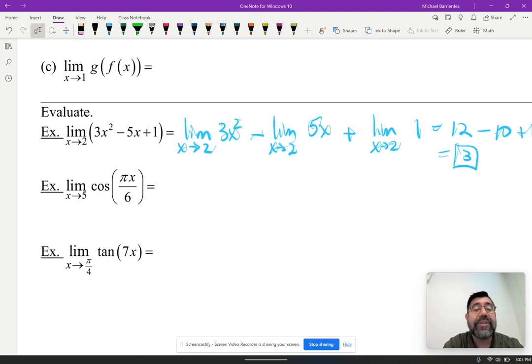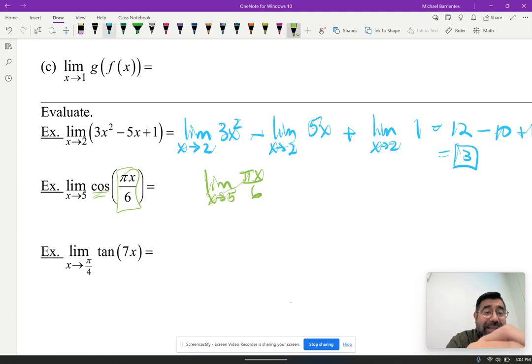This is a composition. On this example here, I'm going to change colors. This is a composition because I have an inside function and I have an outside function. So I should check, does the limit of pi x over 6 as x approaches 5 exist?